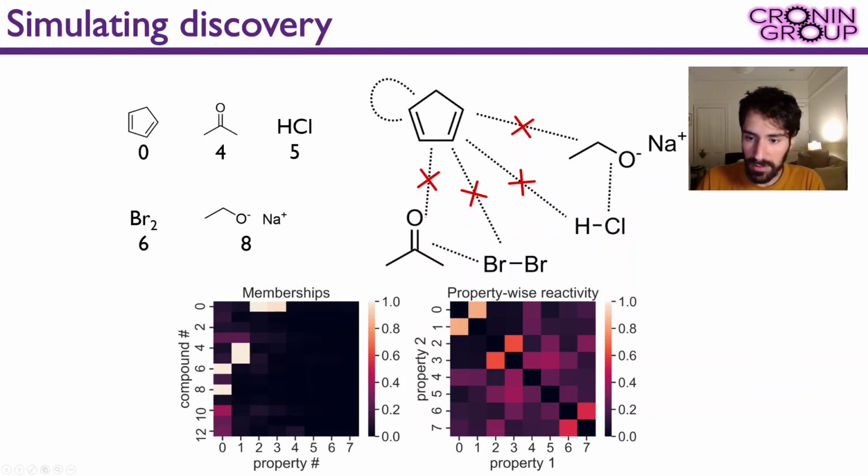And so proposing to the program the following observations, that this cyclic compound only reacts with itself and not with any of the other compounds, but that these compounds have properties towards each other, gives the model a chance to come up with the simplest possible explanation.